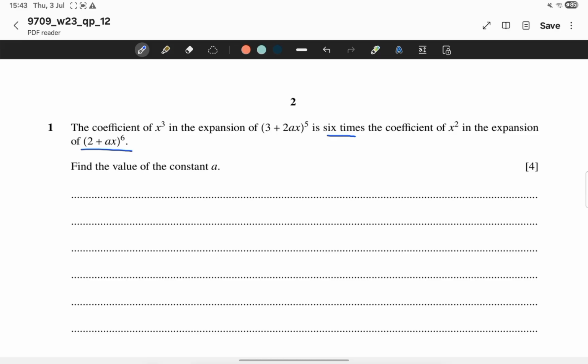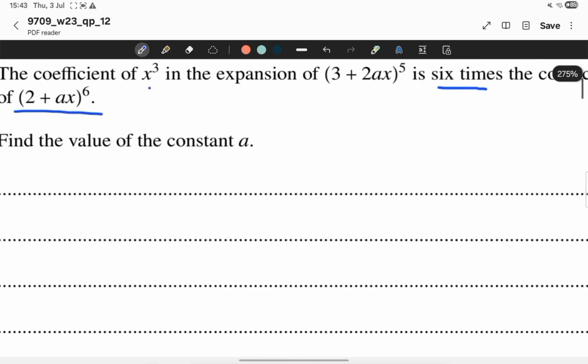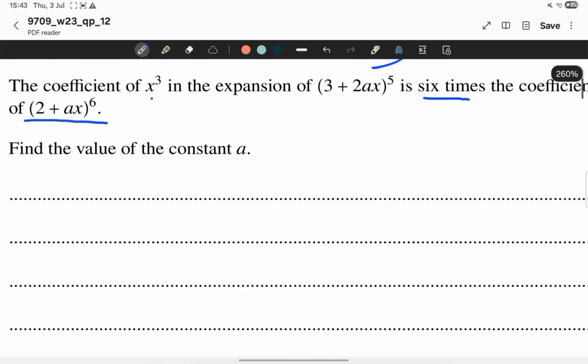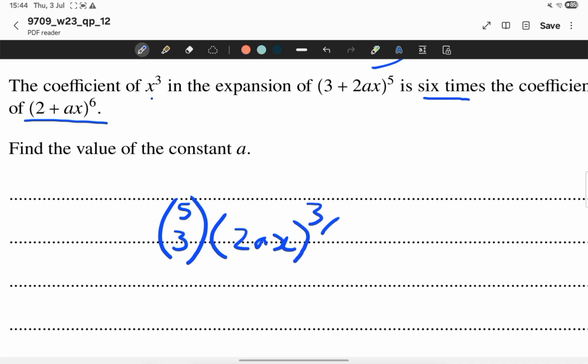So we're going to start with finding the coefficient of x to the power 3 in this expression. How do we do that? We say 5 choose 3, then we open bracket (2ax)^3, then 3 to the power 5 minus 3, which is 2.